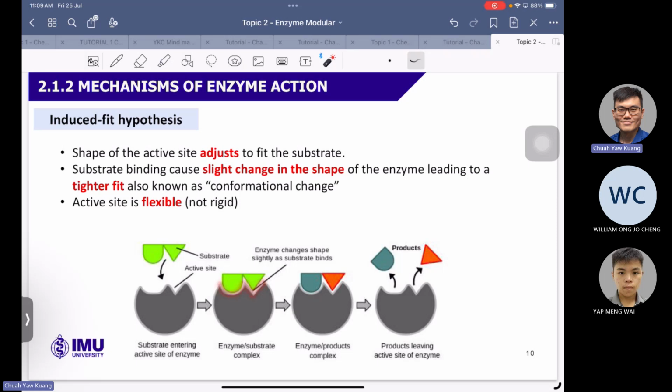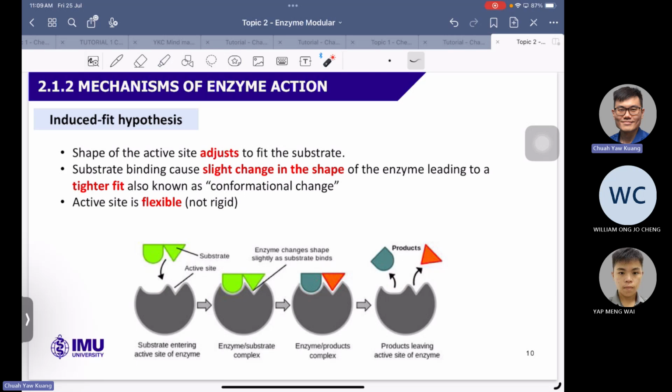Only then will the enzyme catalyze the reaction, and only then is the product formed. So there is a small change here, which means the active site is no longer rigid. It can change shape slightly, not a big change.